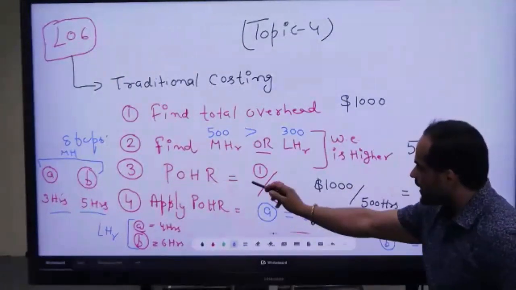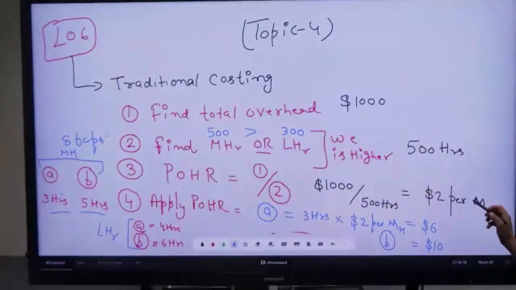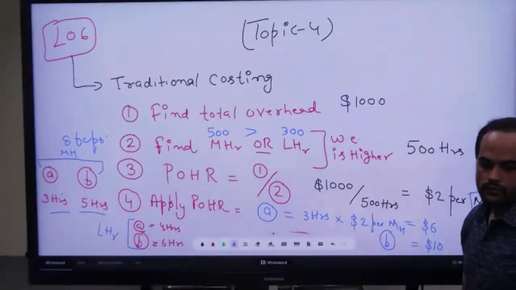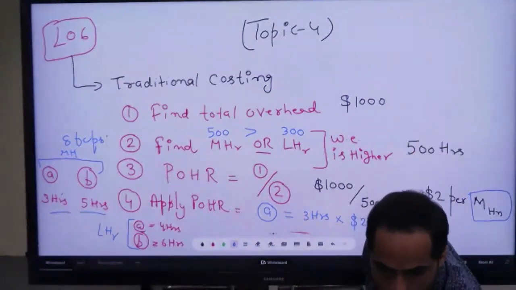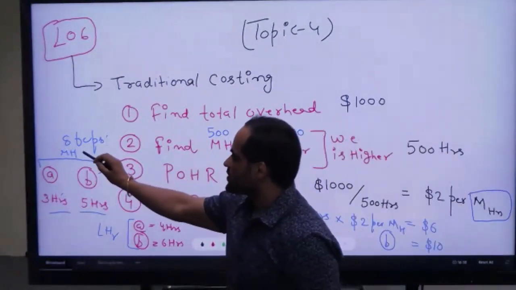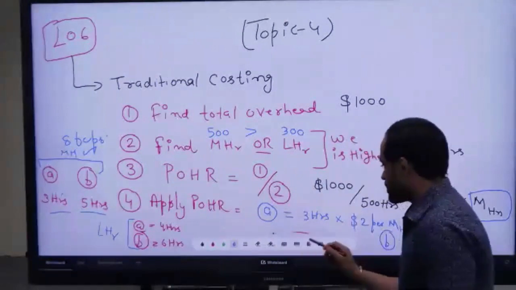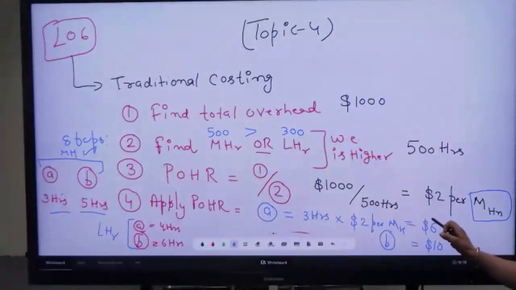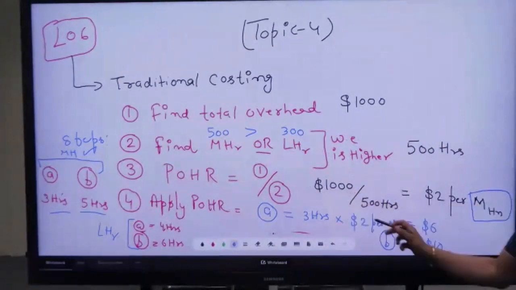So now, keep in your mind, if your predetermined overhead rate is based on machine hours, then we will use machine hours to allocate cost. That's what we did exactly here. 3 hours multiplied by 2 is 6, and 5 hours multiplied by 2 is 10. All right?